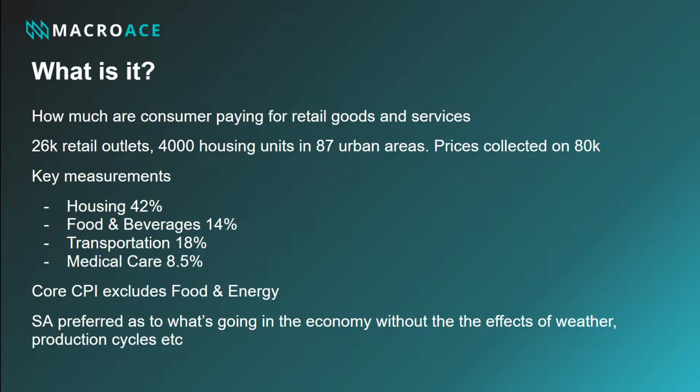It's usually just the headline read of the CPI month to month that garners the most attention, because it's removing the effects of weather, production cycles, spending patterns that occur within the economy at a certain period of time. So usually the seasonally adjusted month-to-month figure gets the most attention. But of course, this is a different scenario. That's all being put to the side. The focus is on everything that's going on with inflation.